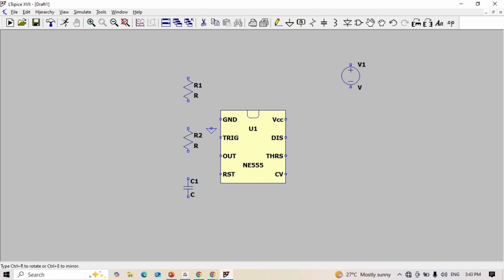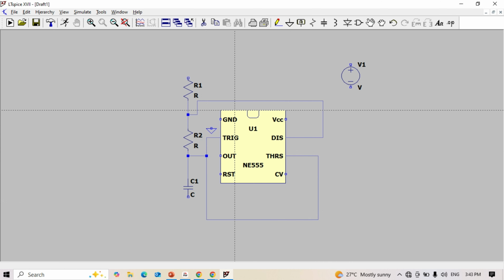So let's move here. Just connect the discharge pin. Bring it here. Connect the trigger, come here and connect here. The threshold should be shunted also, here. Fine. Good. We can connect like this.